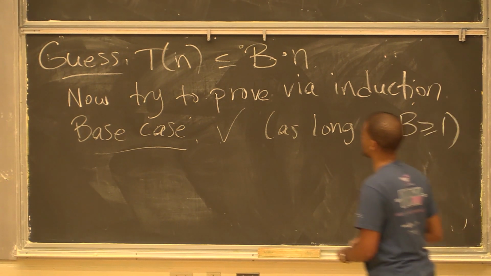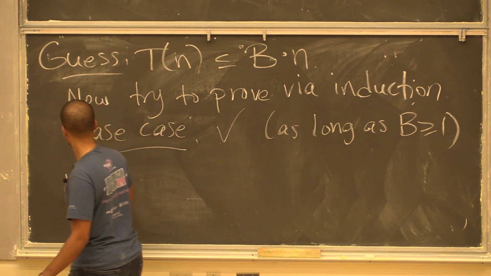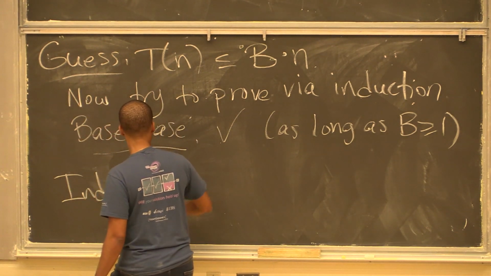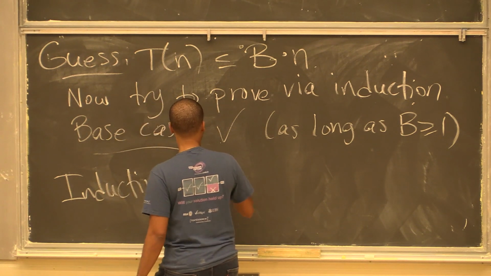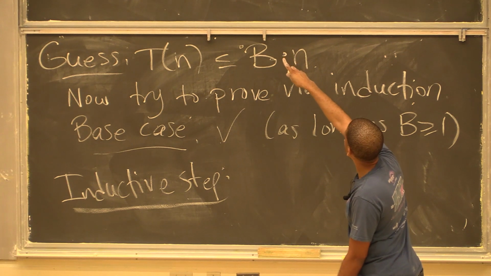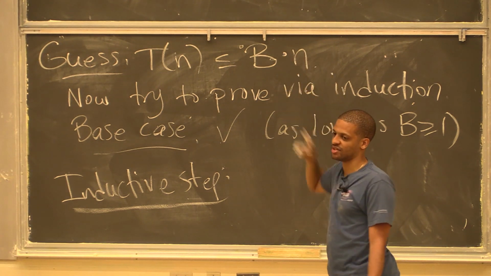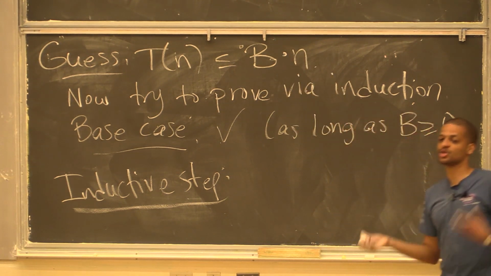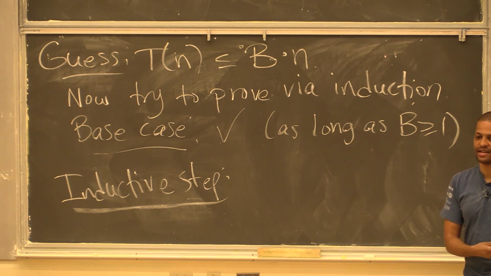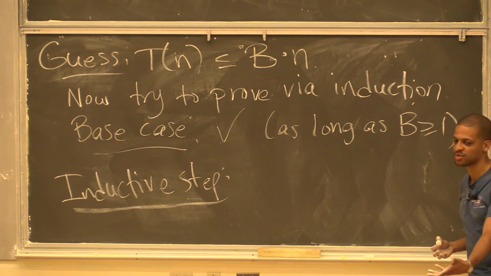What about the inductive step? I'm going to assume, this is strong induction, right? Strong induction means you assume the hypothesis is true for all values that are less than n. Induction is usually like n implies n plus 1.